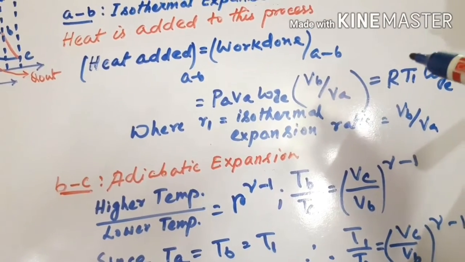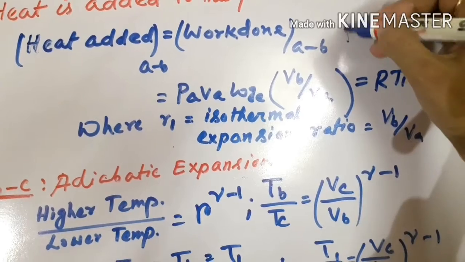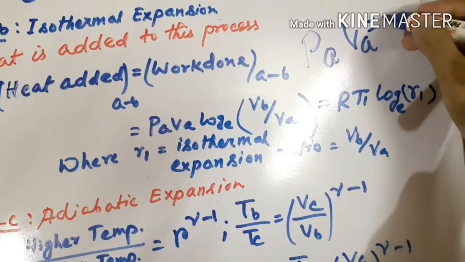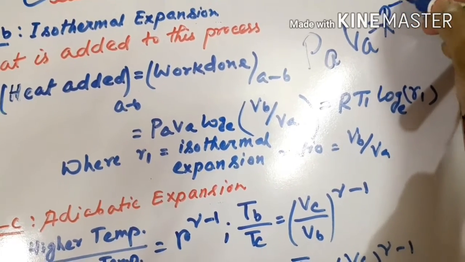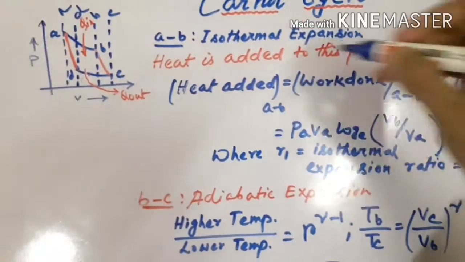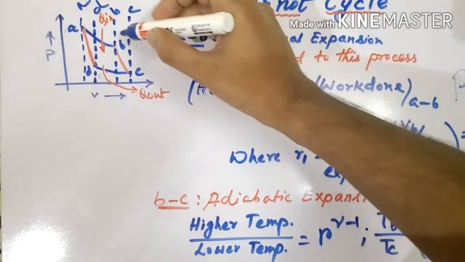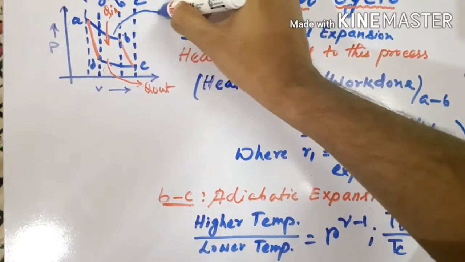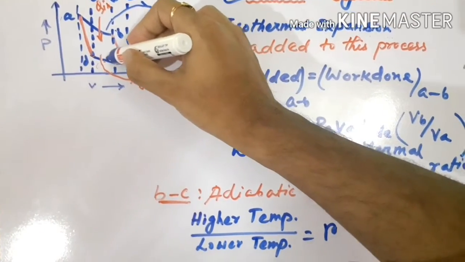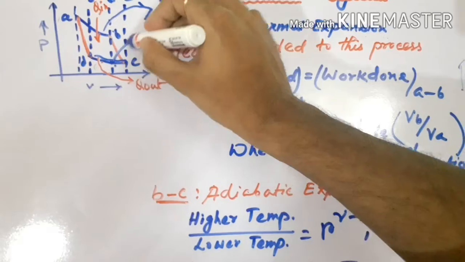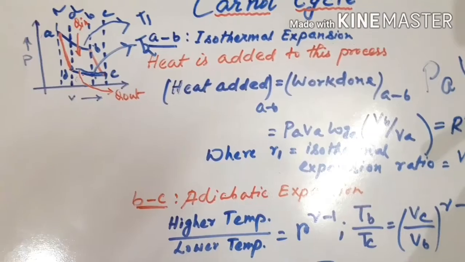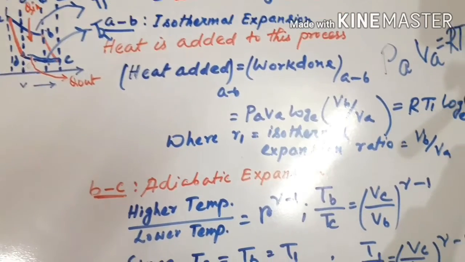So, for 1 mole of gas it will be PA VA and then R TA. This TA is nothing but T1, because from TA to TB this line represents the isothermal line, that is T1, and this TC and TD is also an isothermal line, which will be T2. So, T1 denotes the higher temperature and T2 the lower temperature.